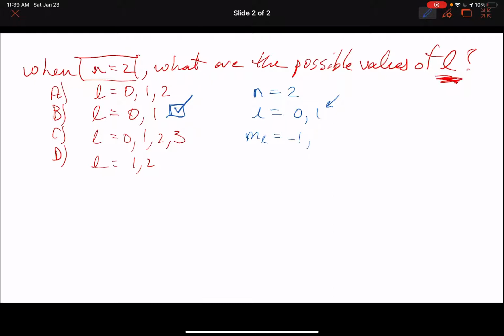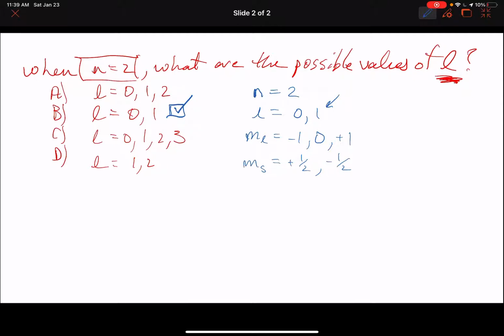We have to go to an integer, so we are allowed to be 0. And we are allowed to be +1. Those are the allowable M sub L values. Okay, and then M sub S values, we said we can be either +0.5 or we can be -0.5.